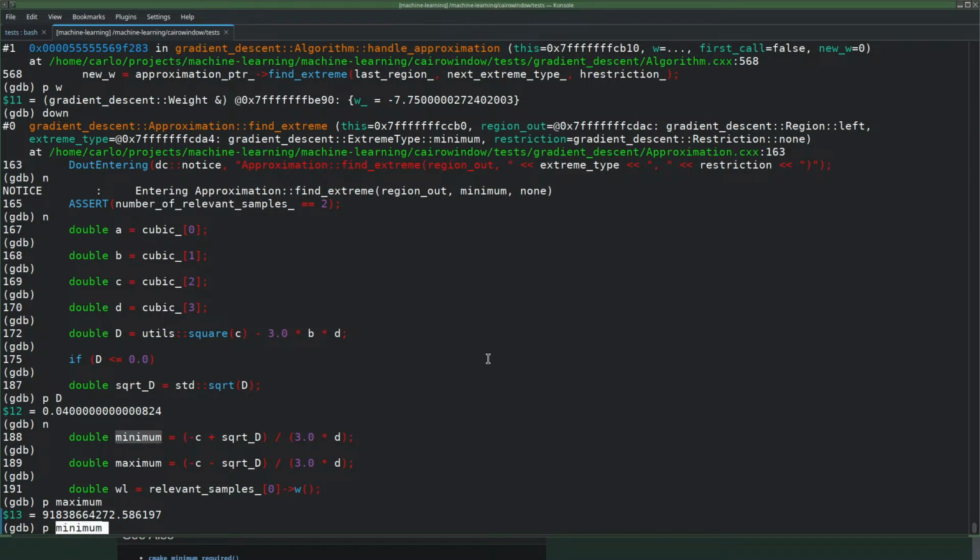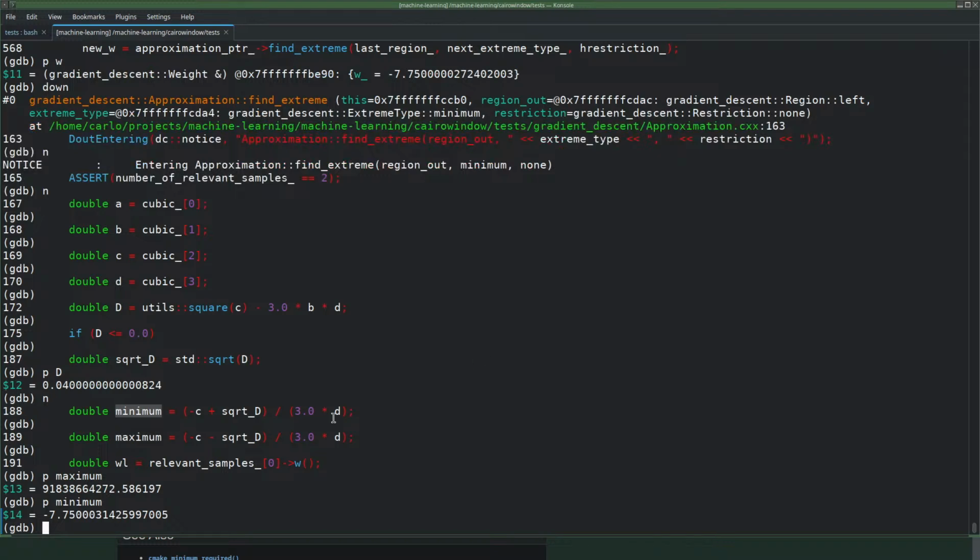Okay, so the minimum is at minus 7 3/4 and the maximum is very, very big. But more importantly, extreme type is still minimum. Yeah, that's why it's going to return in between, because the minimum is in between, I don't know, 2 points.